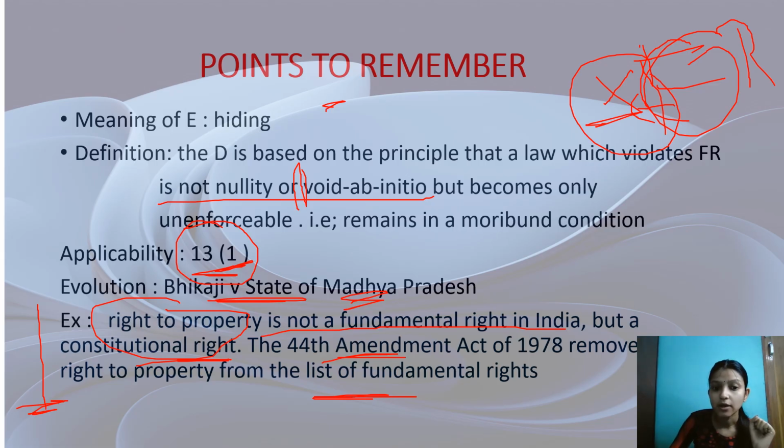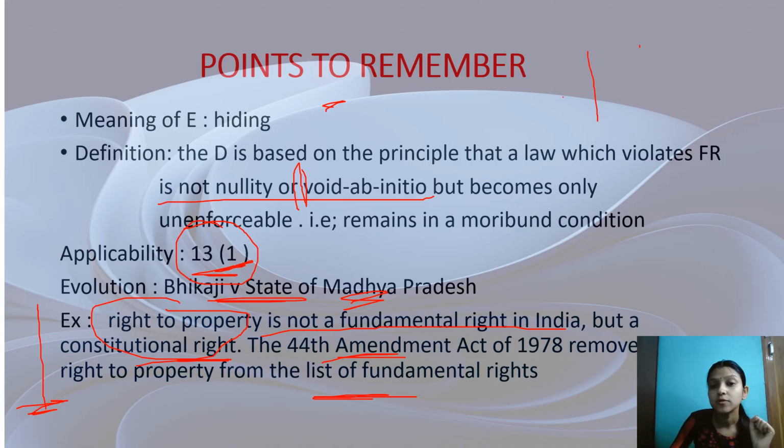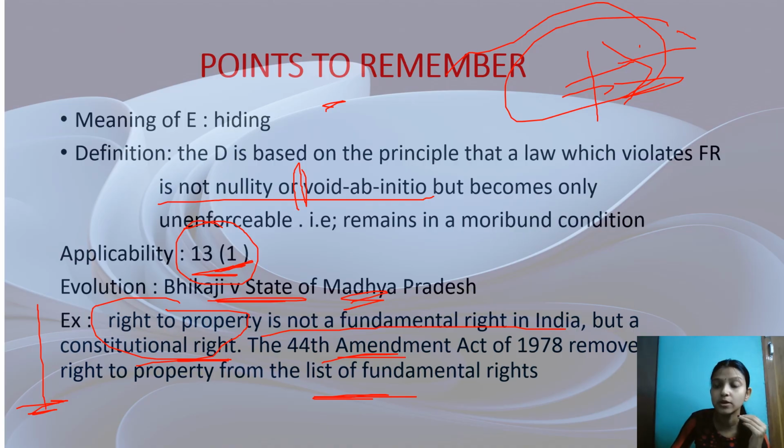Now that the fundamental right is itself not there, the provision which was hidden is active and enforceable. That is how we understand the doctrine of eclipse. The provision will not get deleted directly; rather it is kept hidden, and whenever necessary, through an amendment act, it can become enforceable again. This way we can understand the doctrine of eclipse in a simple manner.